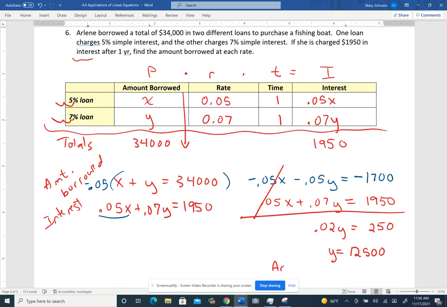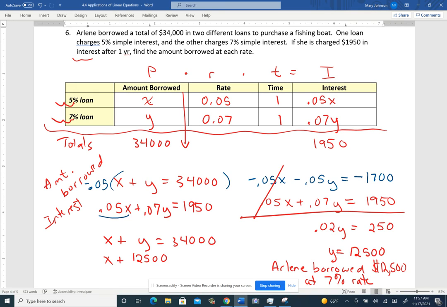So Arlene borrowed $12,500 at, and that was what? Y at the 7% rate. And then we need to find the x. So I'm going to take that equation that says the two together, the amount borrowed all total was 34,000. So if she borrowed 12,500 there, I can find x by just subtracting the 12,500, can't I?